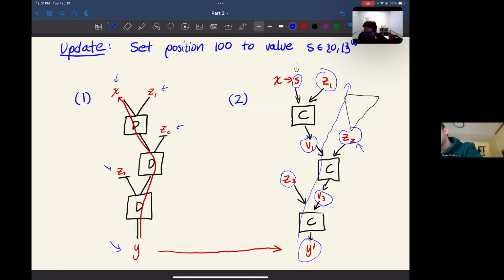And these operations run in time bounded by log t, which is the depth of the whole thing, times the t to the O of epsilon term from evaluating C and D. So the overall runtime of each operation, whether an update, access, or initialization, is t to the O of epsilon.